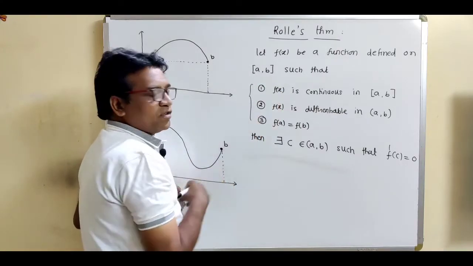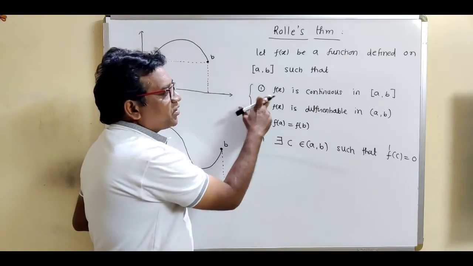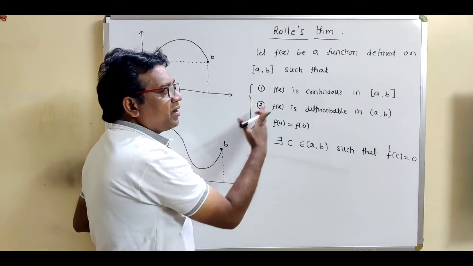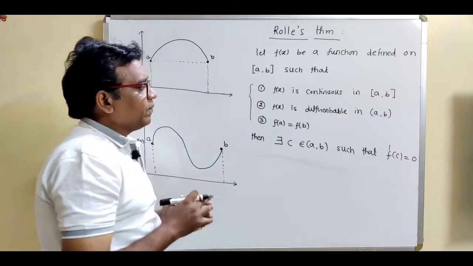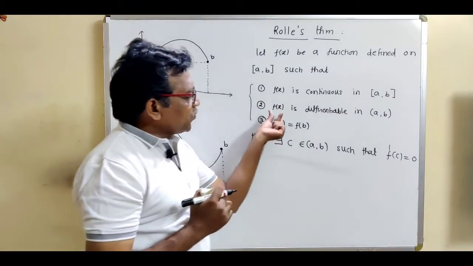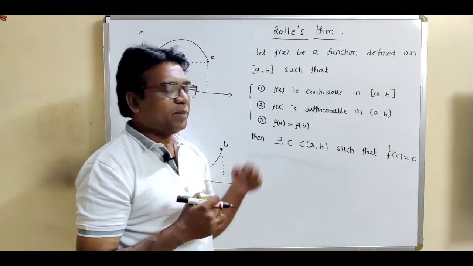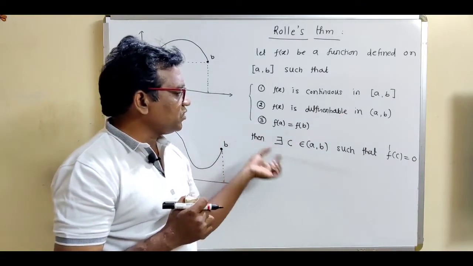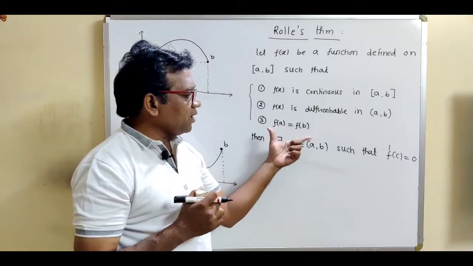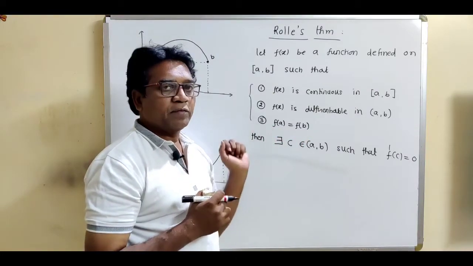What is the first condition? This function f(x) is continuous in the closed interval [a, b]. This function f(x) is differentiable in the open interval (a, b), and this is the third condition, f(a) is equal to f(b).